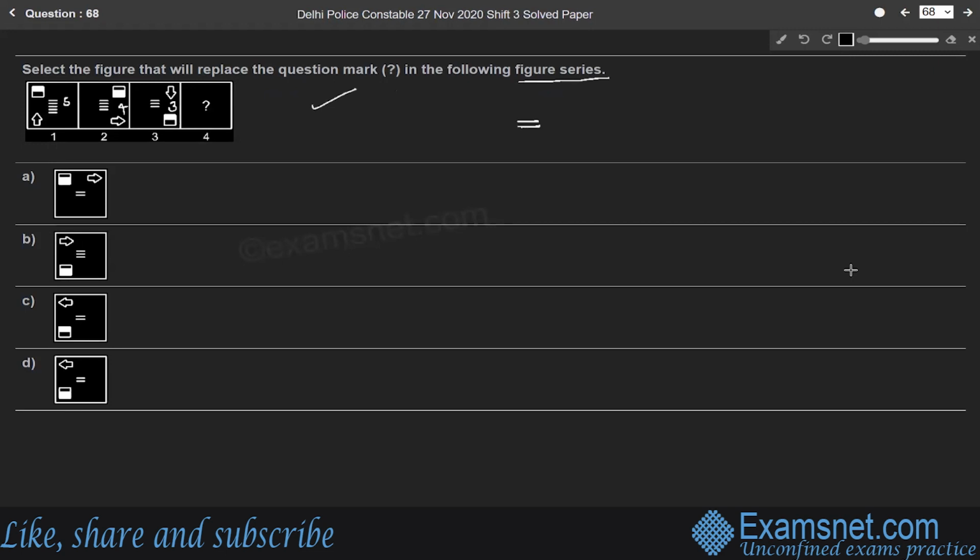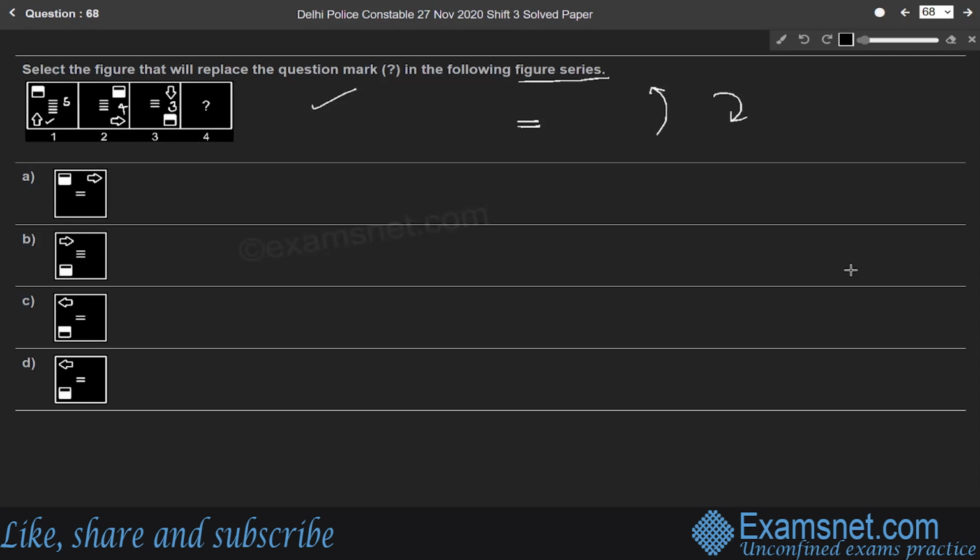Now look at the arrow mark of the first figure, the second figure and the third also. Here the position of the arrow mark is moving in the anti-clockwise direction, right? And the arrow mark in turn is moving in the clockwise direction, right? So in the bottom left corner of the first figure, in the bottom right corner of the second figure, look at the arrow mark position and also the arrow mark direction, right?